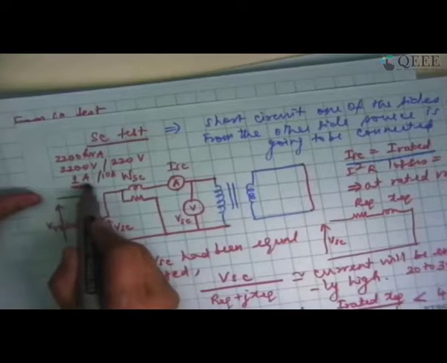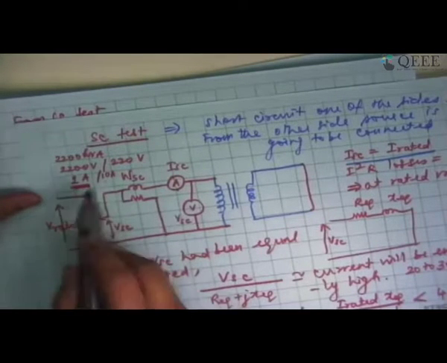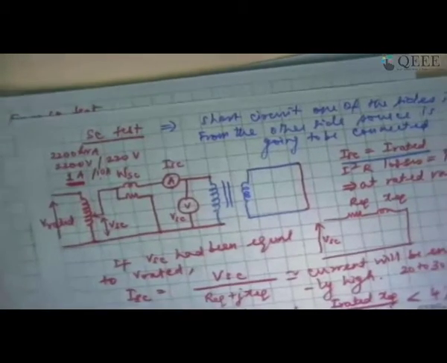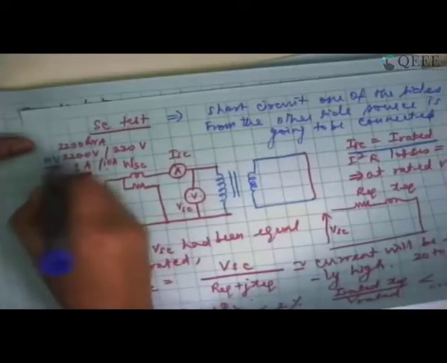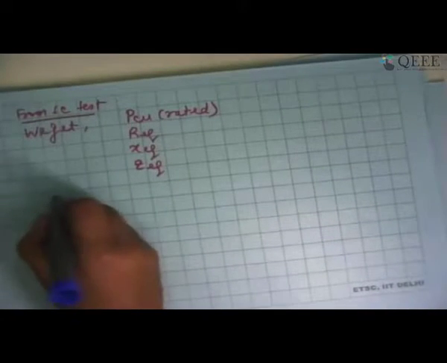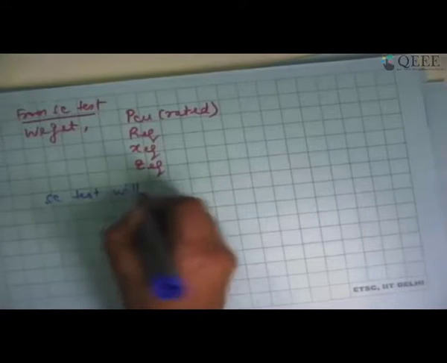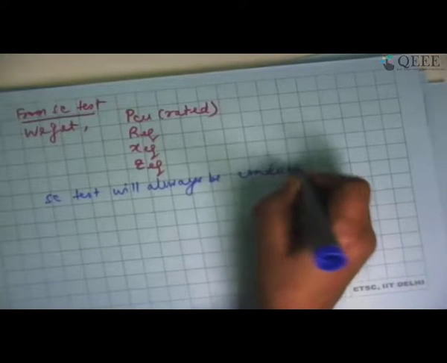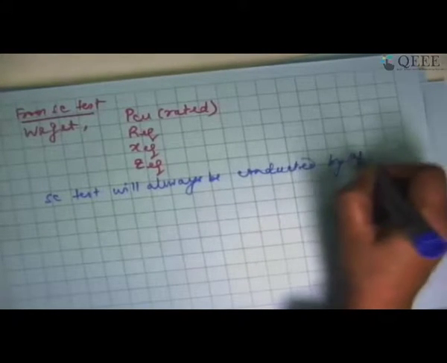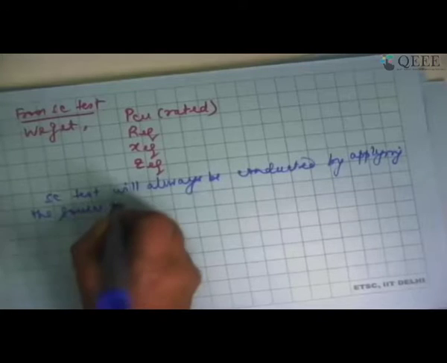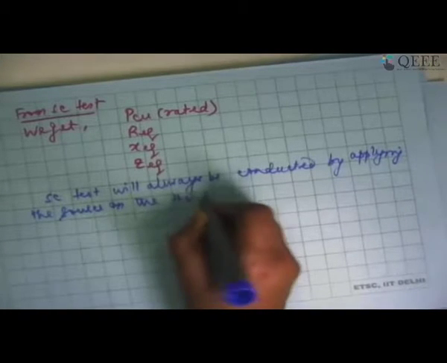It is always easier to pass a lower current rather than a higher current. And lower rated current will happen only on the high voltage side, not on the low voltage side. So I would like to conduct the short circuit test always from the high voltage side. So let me underline here that the short circuit test will always be conducted by applying the source on the high voltage side.